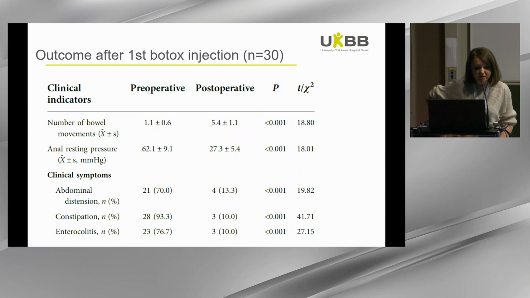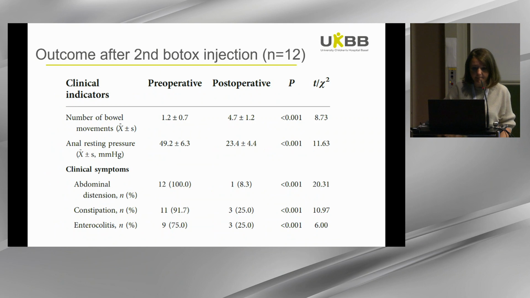Those are the results really that are being published. So we see that, of course, after the first injection of Botox, the number of bowel movements increases, anal resting pressure decreases, and clinical symptoms decrease as well. Of the 30 patients included, 12 received a second round of Botox.